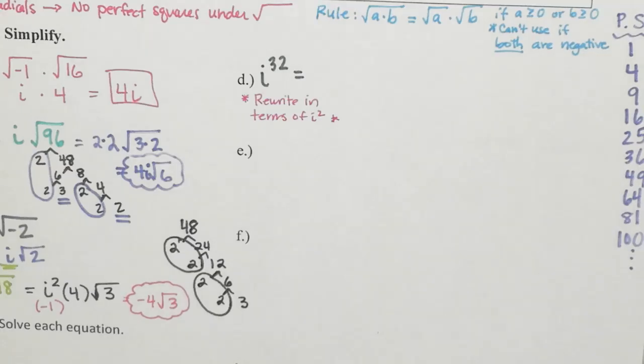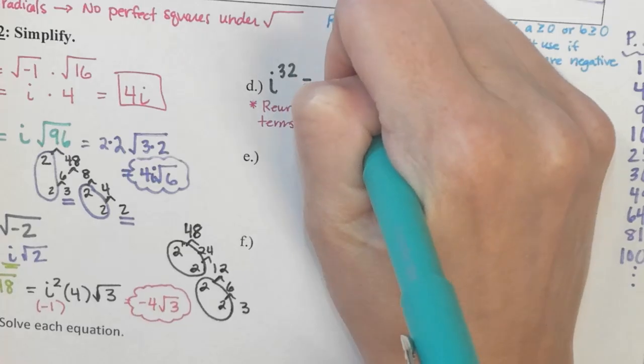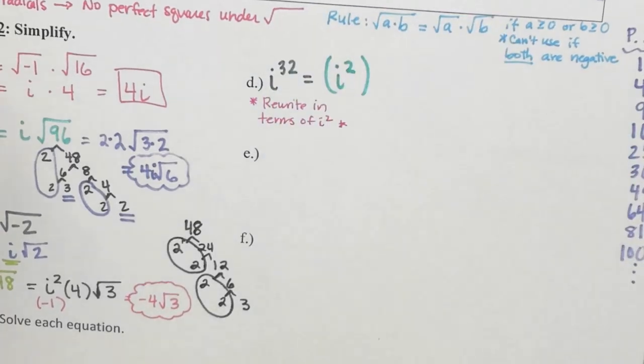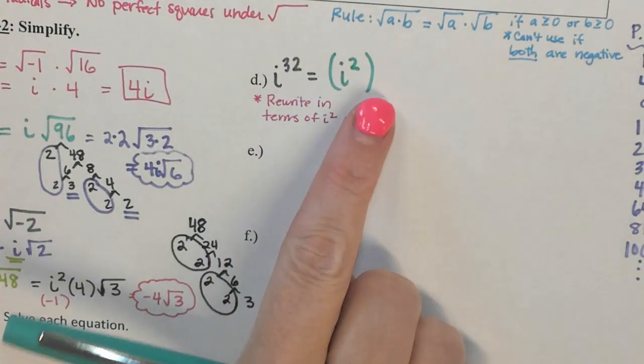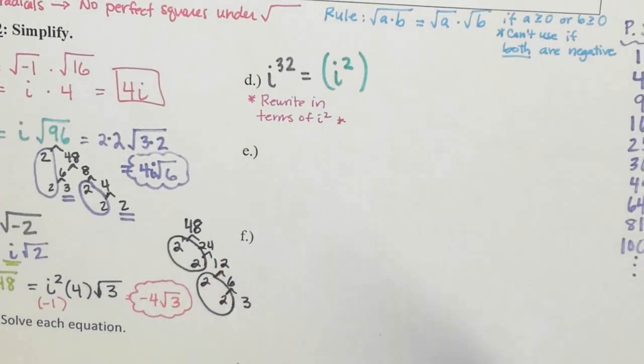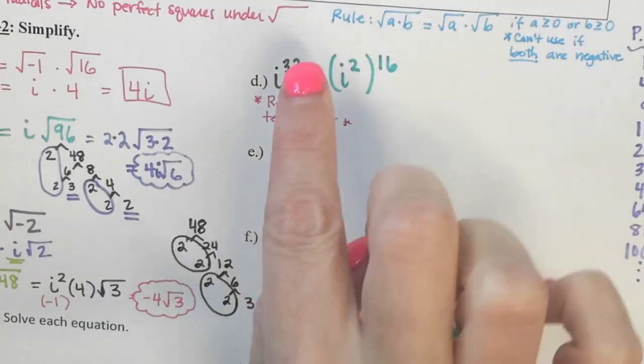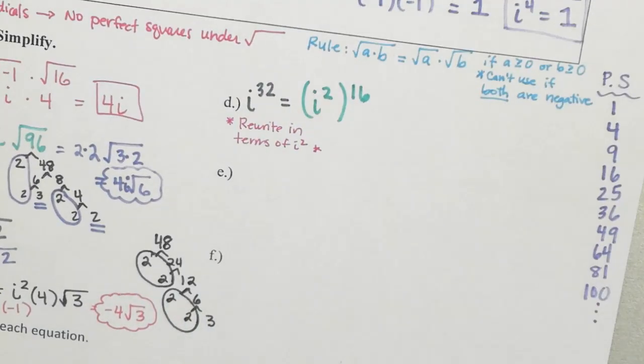Okay, and we're going to use our power rule. So when you have a power to a power, you're going to multiply. So if you take 32 and divide by 2, what do you get? 16. So I can write this as i squared to the 16th power, because 2 times 16 is 32.